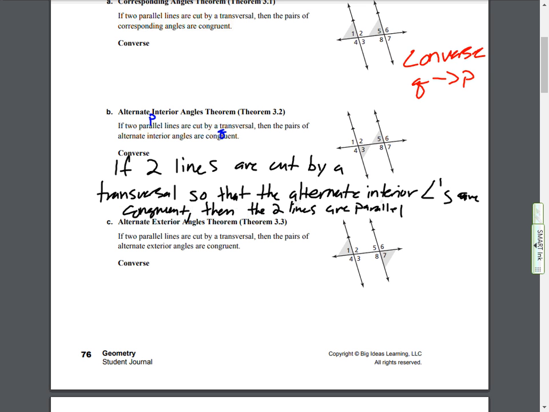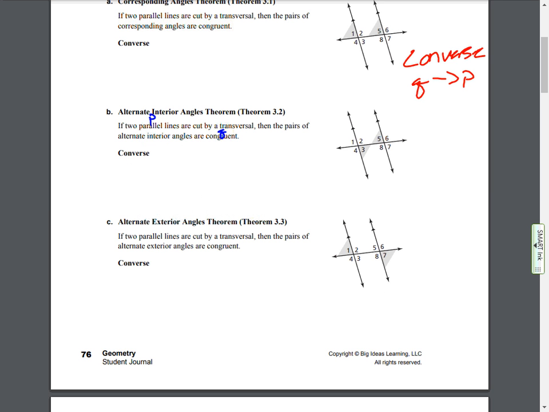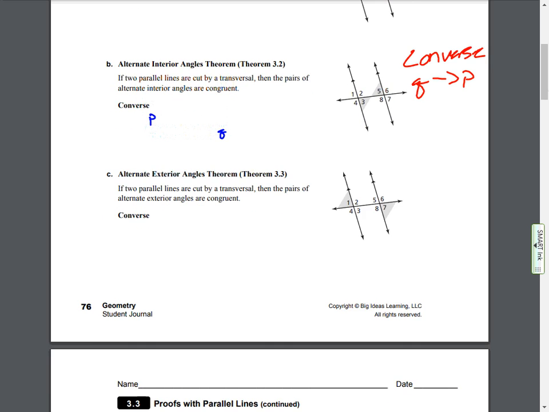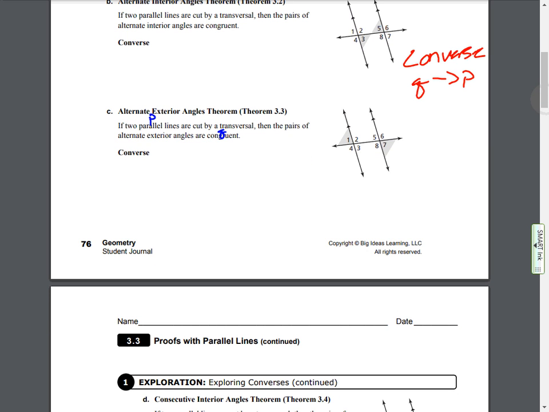Okay, so only if those two lines cut by a transversal, only if the alternate interiors are congruent, then the two lines are parallel. If those were not congruent, then we could not say those two lines are parallel. Moving on to C. Parallel lines cut by a transversal, same exact thing.